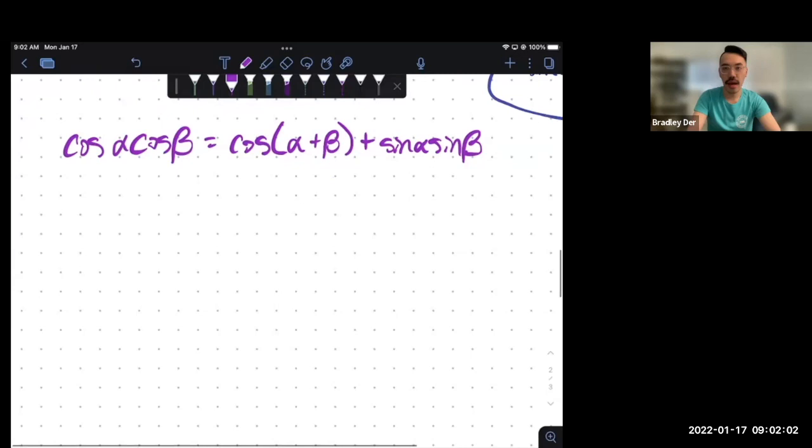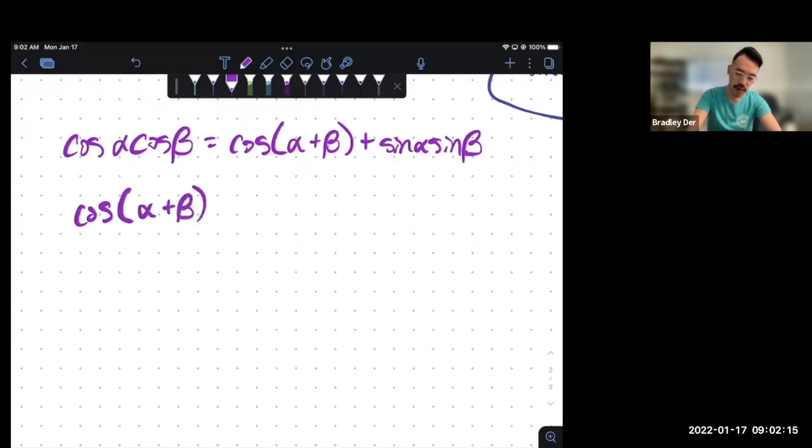This is not really how we present the formula normally. Normally, we'll just get this by itself by subtracting this product over with the other term. So the end result of that would have been cosine alpha plus beta is equal to cosine alpha cosine beta minus sine alpha sine beta.